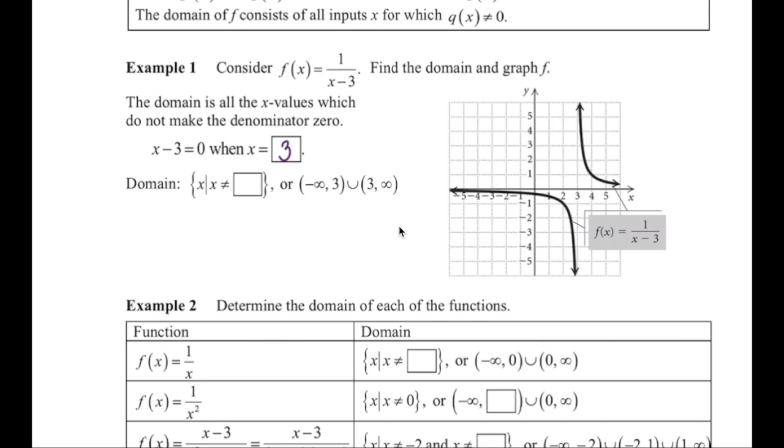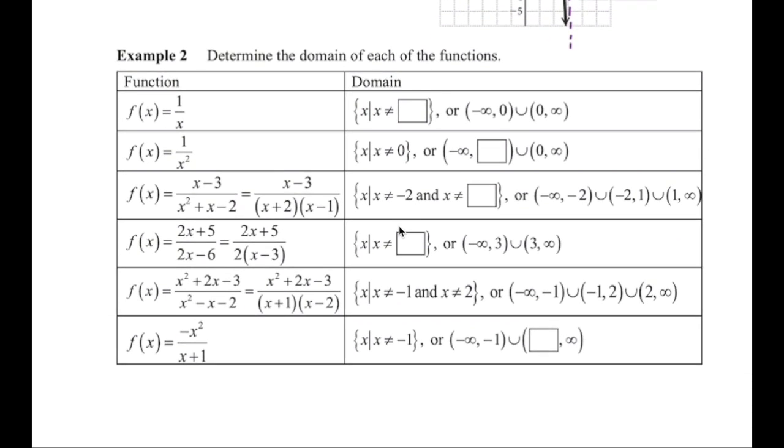So x such that x cannot be 3, or negative infinity to 3, you skip over 3 back to infinity. And when I graph this, we see that we have a vertical asymptote here. And that's why we're skipping that value.